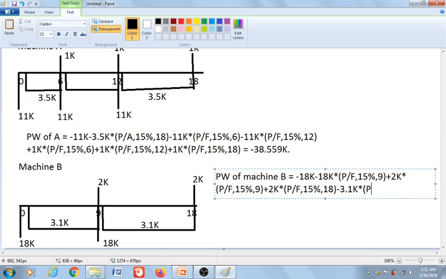That will be P over A, 15%, 18. So if you look up the table and you do it correctly, then you're gonna have the present worth of machine B equal minus 41.384k.